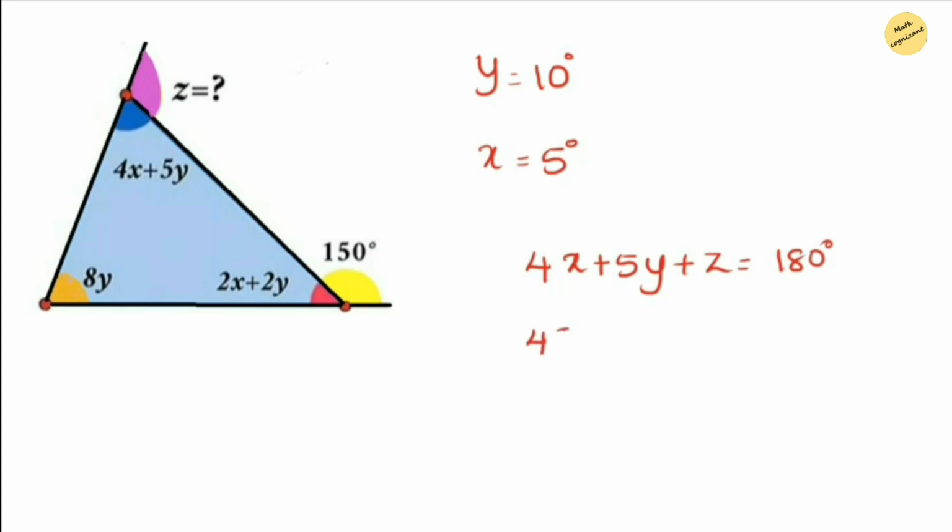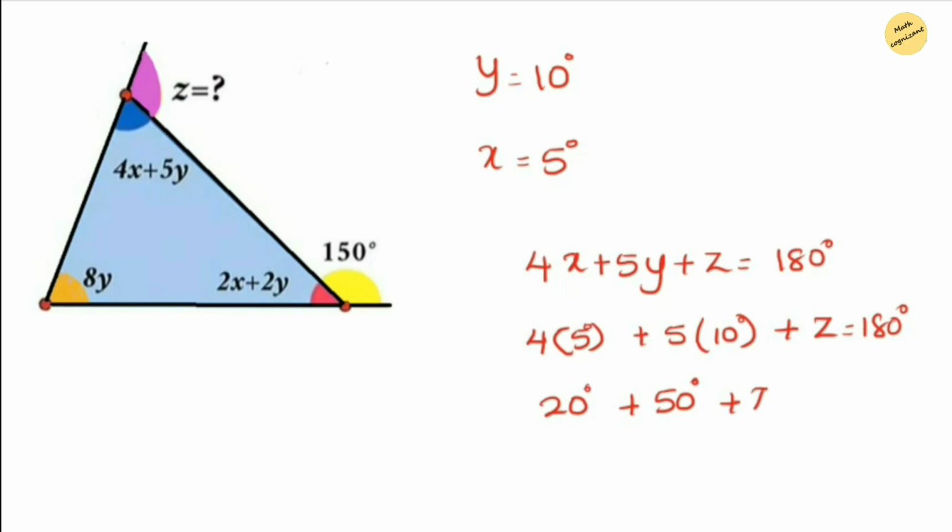In place of x, let me write down 5, and in place of y, let's substitute 10. So 4 times 5 is 20 plus 5 times 10 is 50 plus z equals 180 degrees. Now z equals 180 minus 70 degrees. So the final answer is z is equal to 110 degrees.